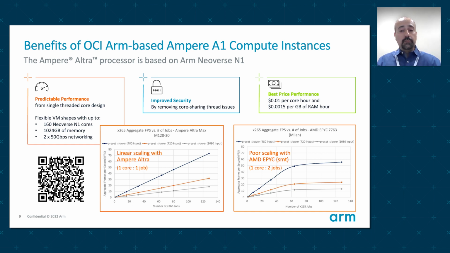There's also a benefit to security by not having multiple threads running on a single core. You're not exposing potential code sharing thread issues. Best of all, the price performance of these instances is just super compelling. OCI was the first to offer a penny per core hour rates for their ARM-based compute instances.